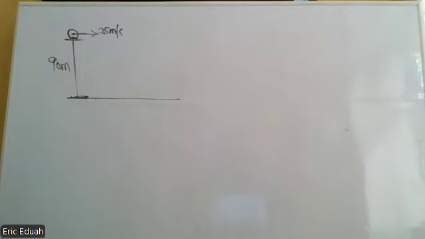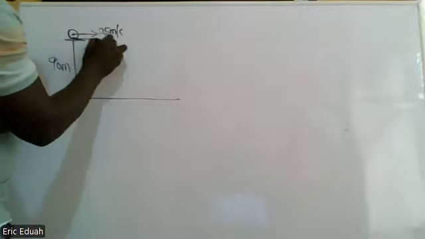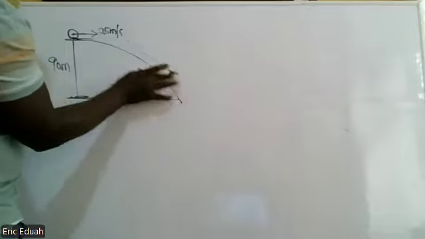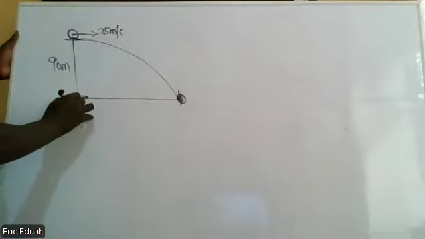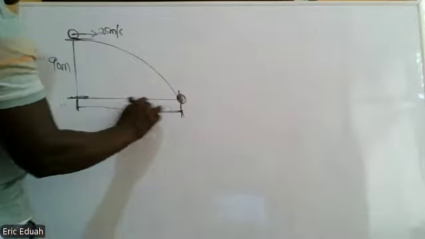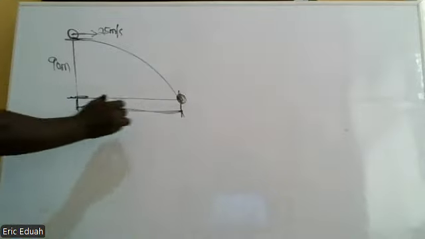How far away from the tower on the ground does the ball hit? So when it finally drops to the ground, assuming it drops here, how far away from the tower does it hit on the ground?